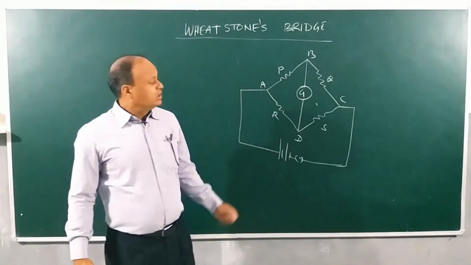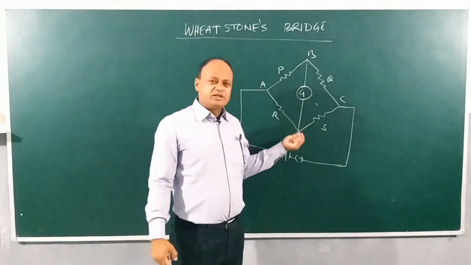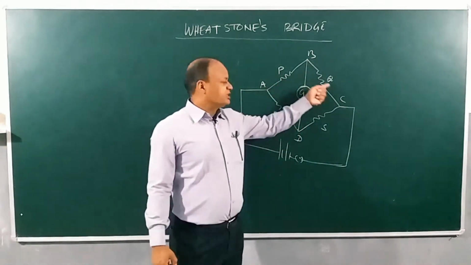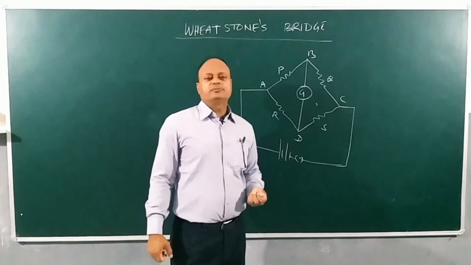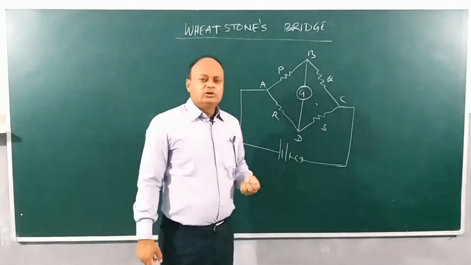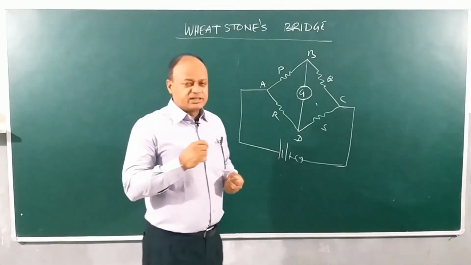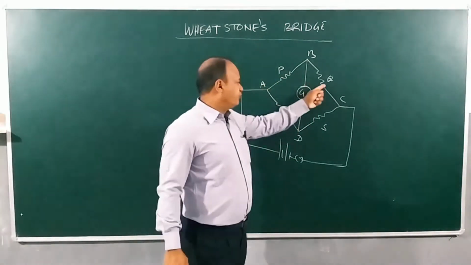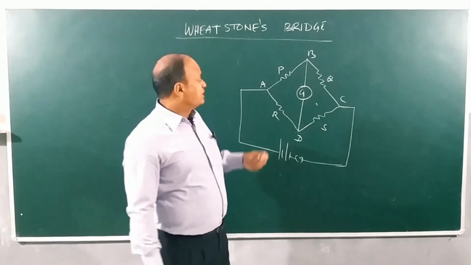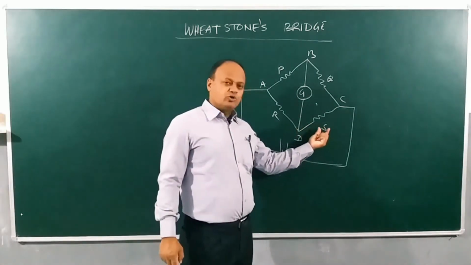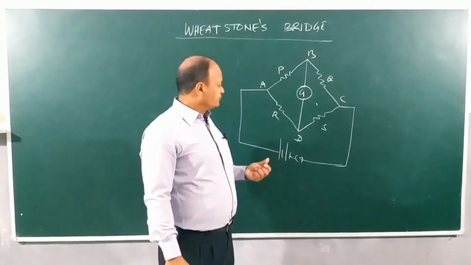Now the significance of Wheatstone's bridge is that one of these resistances is not known. Suppose P is not known or maybe S is not known. So the unknown resistances can be calculated by balancing all the 4 resistances P, Q, R and S. And what is the meaning of balancing? Suppose S is not known to us, then what will I do?